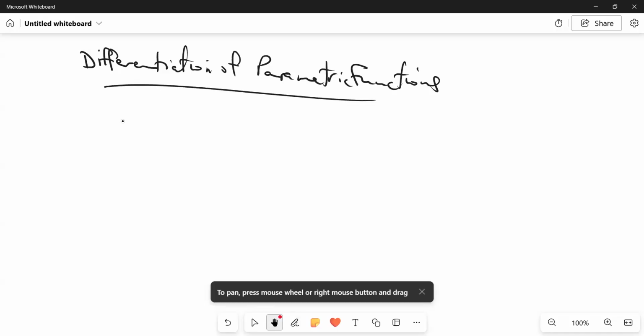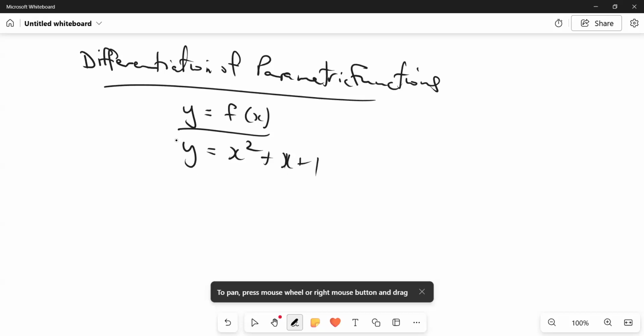Basically what this is saying, we are used to a function being defined this way. So you have y as a function of x. Isn't that what we're used to? So you have y equal x squared plus 1, or x squared plus x plus 1, that sort of thing.